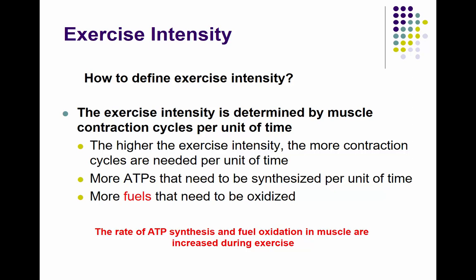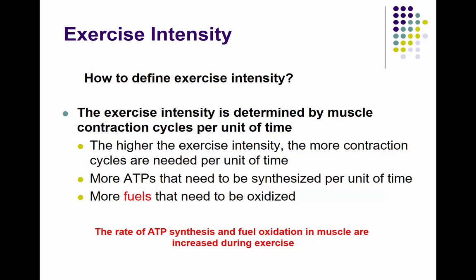So again, with high intensity exercise you have more contraction cycles per unit of time, and you also need more ATPs to be produced within this time period, and more energy fuels are needed. In general, the rate of ATP synthesis and fuel oxidation in muscle are increased during exercise.